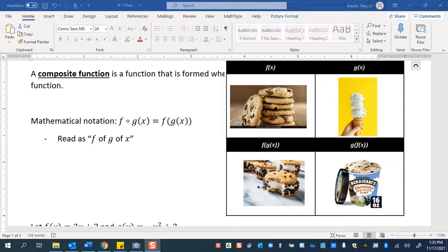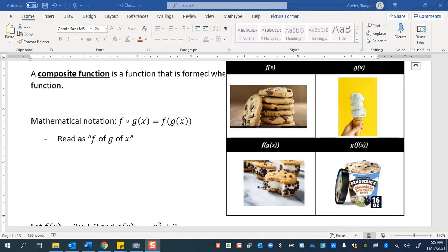So it's embedded. It's a part of it. So when I go to take a bite, I get cookie and ice cream all in one. Not cookie, and then I take a bite of ice cream. One is embedded inside the other. Talk to you about g of f of x. The cookie's embedded in the ice cream.